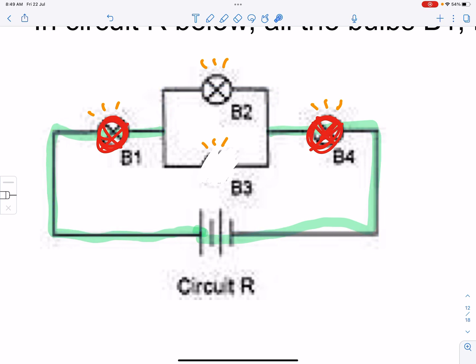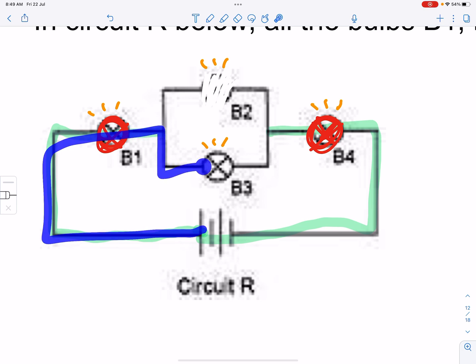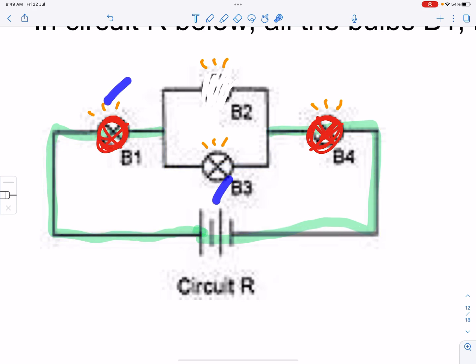So how many? 3. And if I do it the other way round, it will be the same number, because this time round I'll flow through B3 instead of B2. Once again it's 3. That is the maximum anyway, correct? Because you have to get rid of 1. So I would have already gotten my answer.